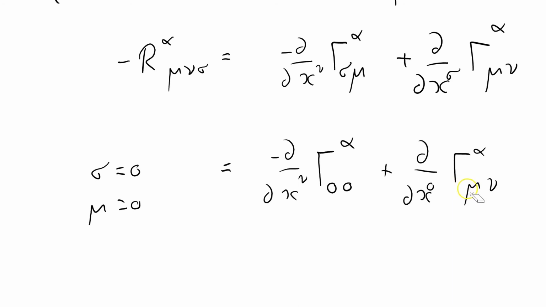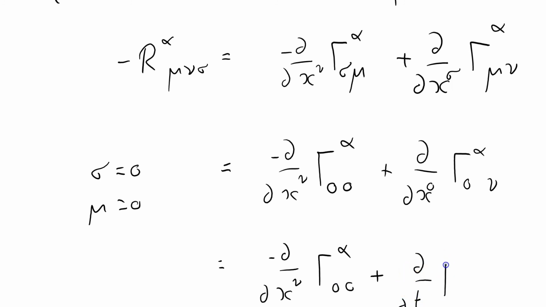And that's a 0. So that's equal to minus ∂/∂x^ν of Γ^α_00 plus ∂/∂t of Γ^α_0ν.